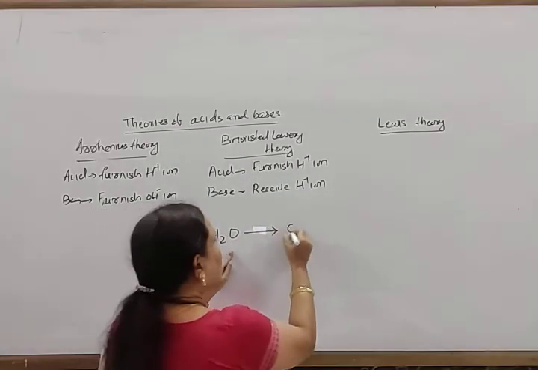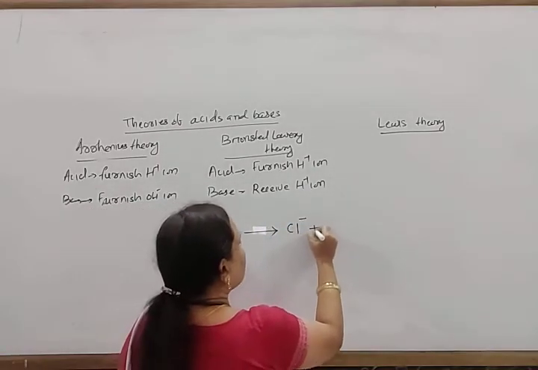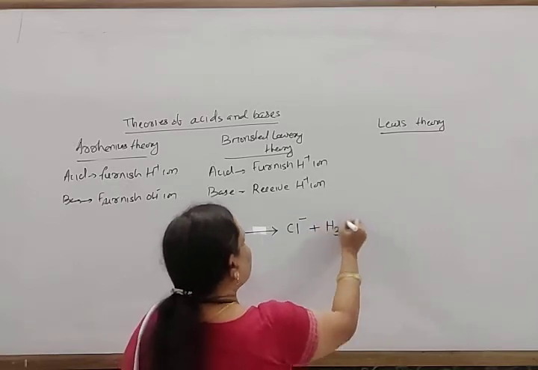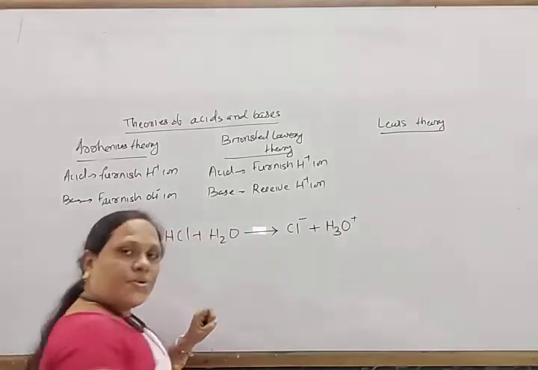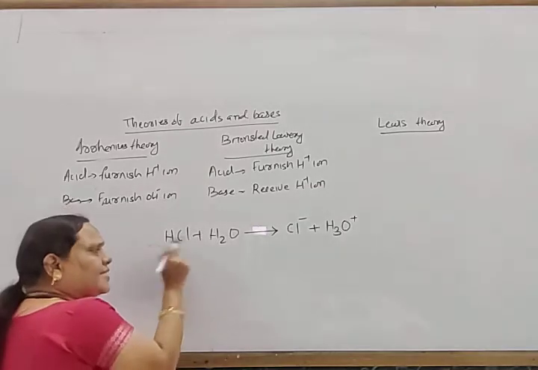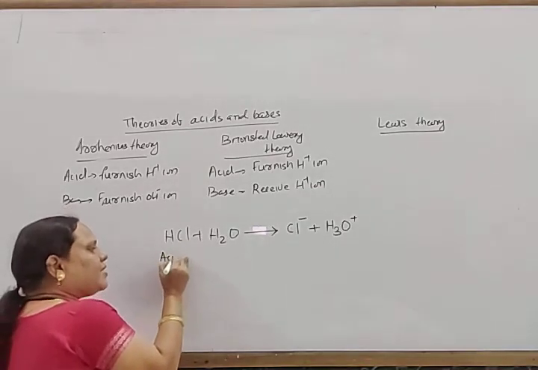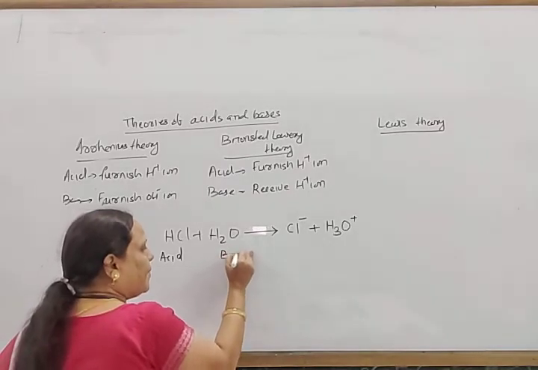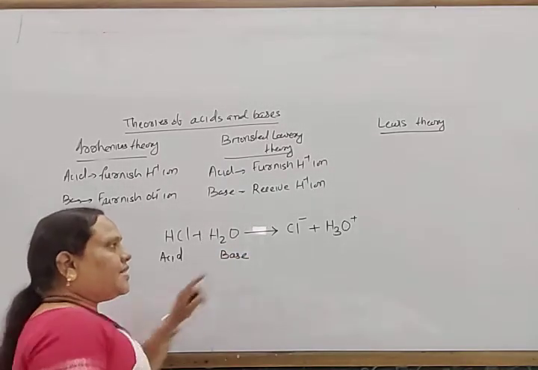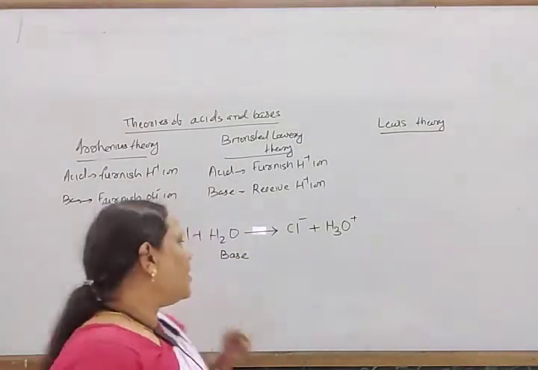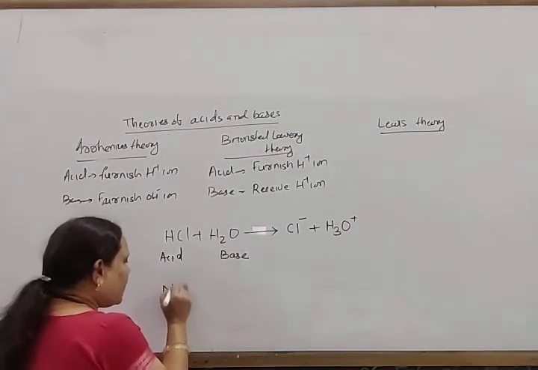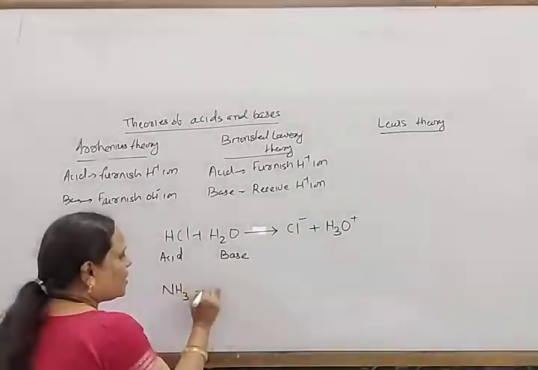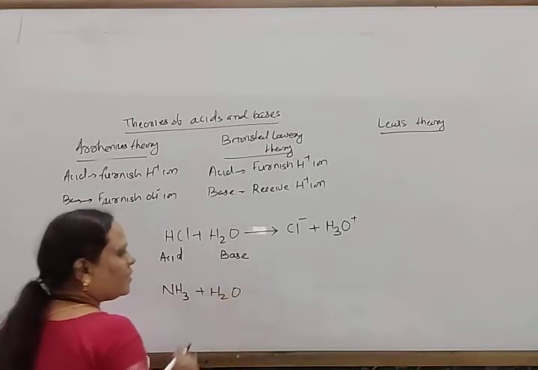In this way it forms Cl minus plus H3O plus. So HCl is one acid, and H2O is a base, and here Cl minus and H3O plus are formed. Similarly, another example, ammonia plus water.